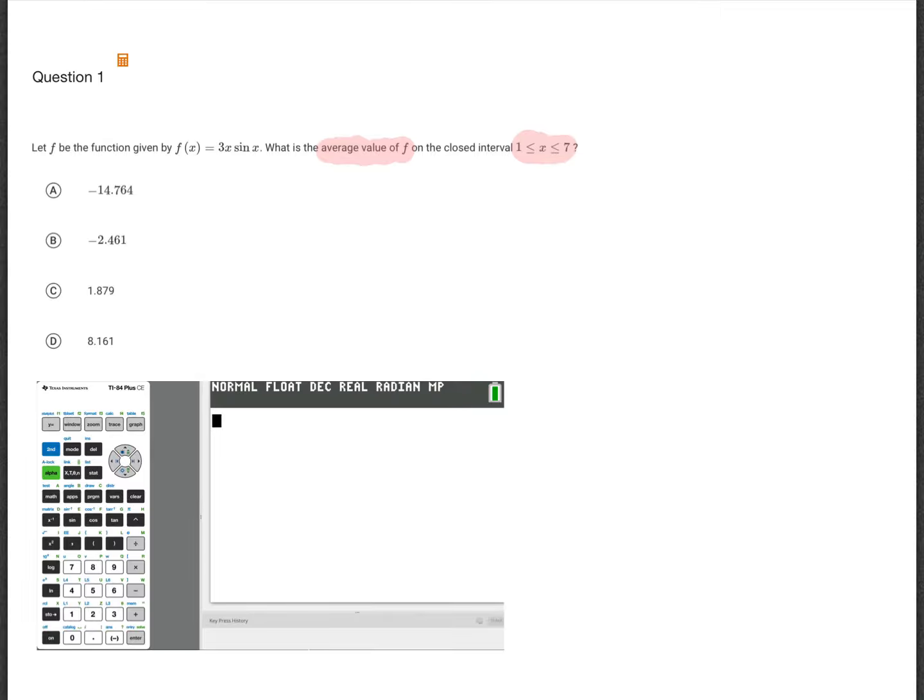So just in general, the average value of f on the interval from a to b, closed interval from a to b. If you ever see that, that's going to be 1 all over b minus a times the integral from a to b of just whatever that function is.